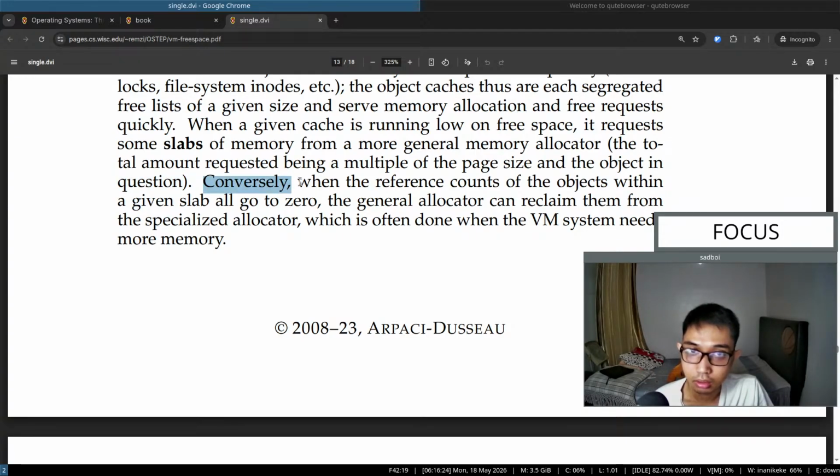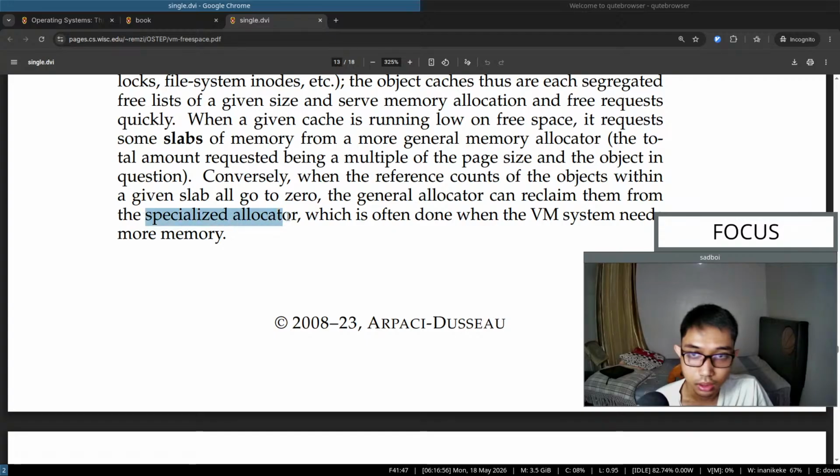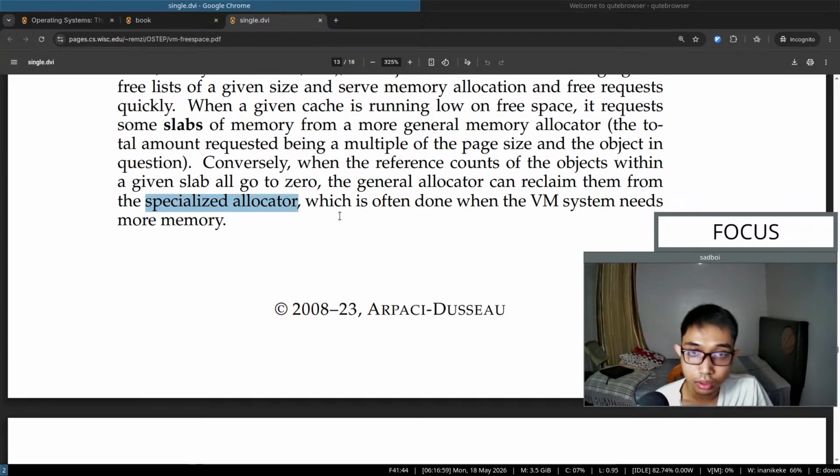Conversely, when the reference count of the objects within a given slab goes to 0, the general allocator can reclaim them from the specialized allocator, which is often done when the VM system needs more memory.